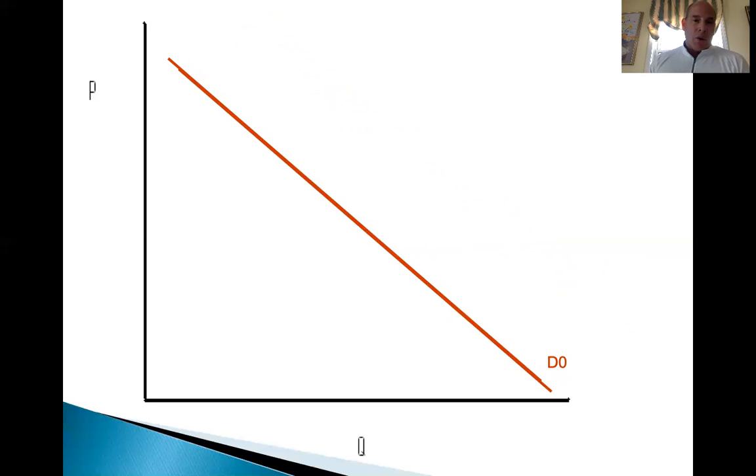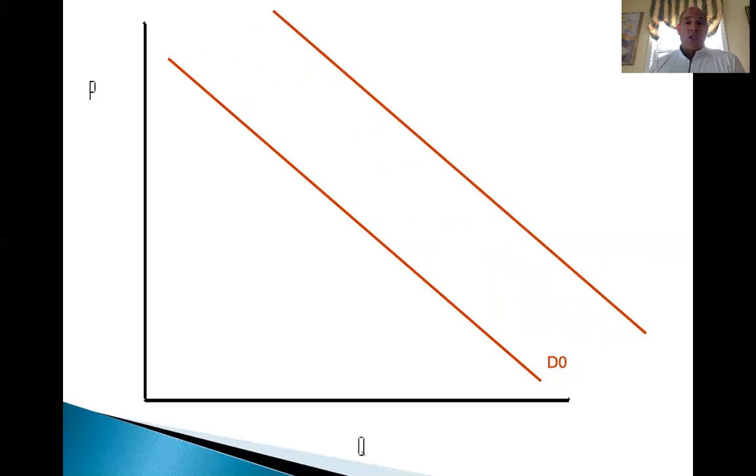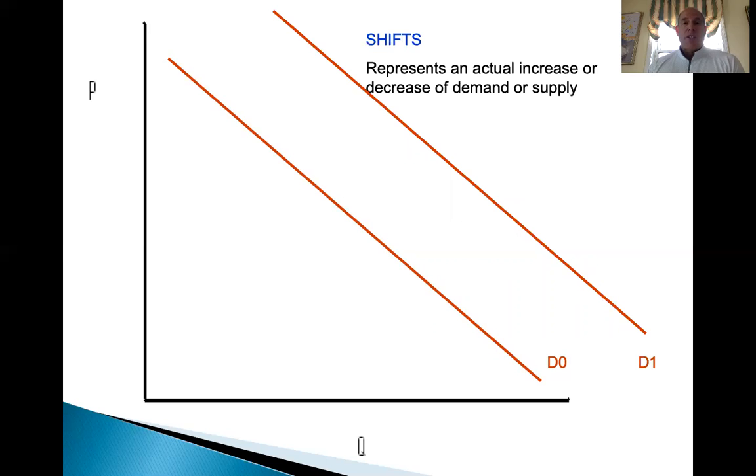That is what is occurring right now for toilet paper and for groceries. Americans are buying 3 times as much meat as they do in a normal everyday situation. So demand has shifted. Now, just because demand has shifted doesn't mean that the supply is there to meet it. That's D1, so we have a new demand curve. Shifts represent an actual increase or decrease of demand or supply, and that's what we're going to be focusing on.